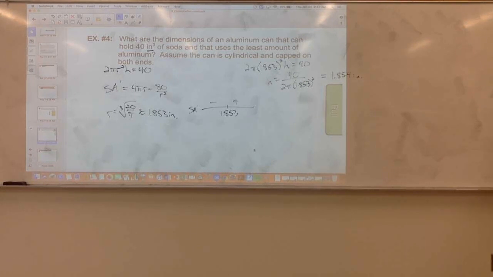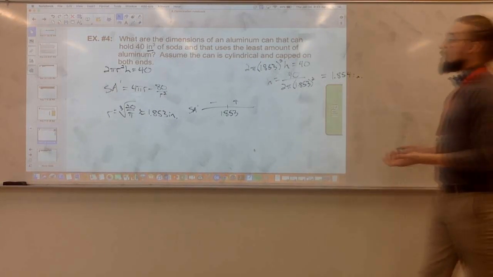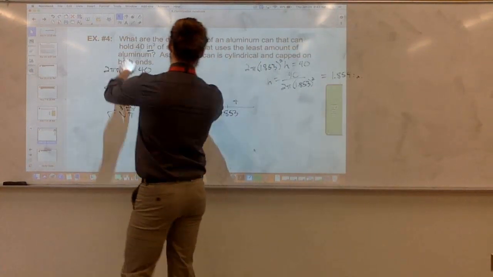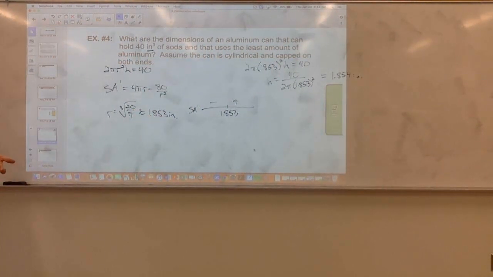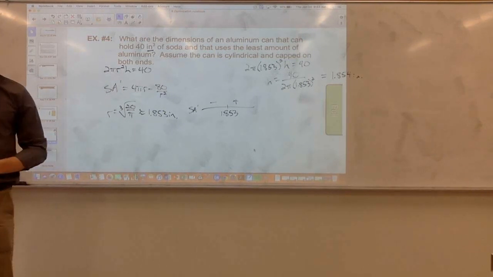Well, then you're going to solve for the surface area? Well, the question just says, what are the dimensions? It doesn't actually ask for the surface area itself. So the answer would just be a radius of 1.853 inches and a height of 1.854 inches. Okay? Other questions on something like this?